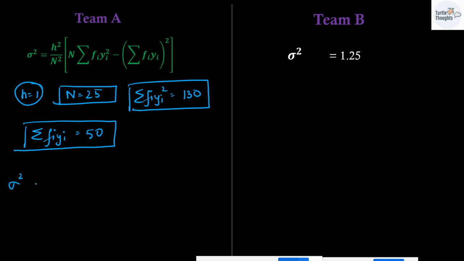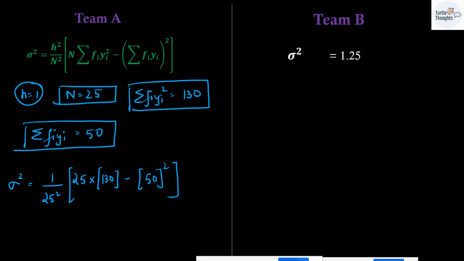So I can write sigma square is going to be equal to 1 divided by 25 square multiplied by 25 multiplied by 130 minus 50 whole square.